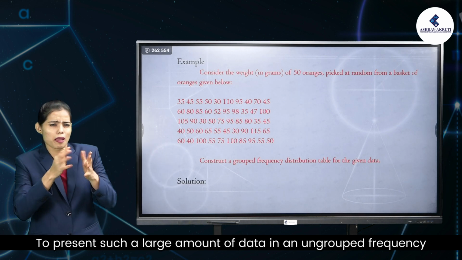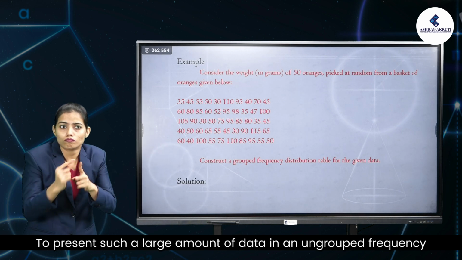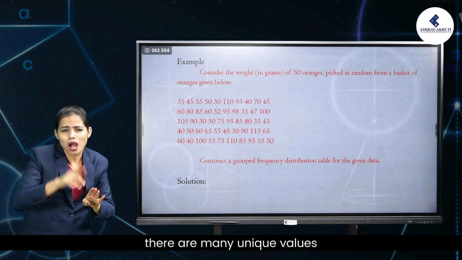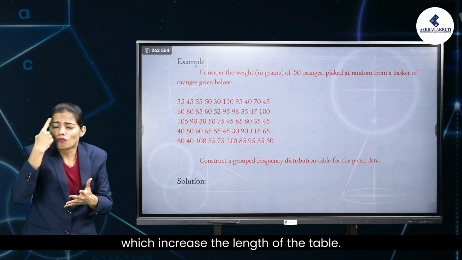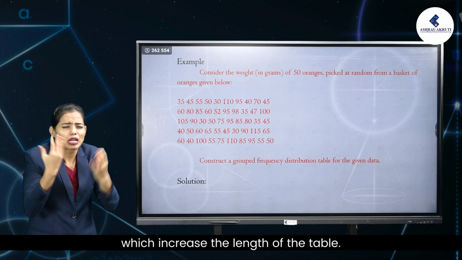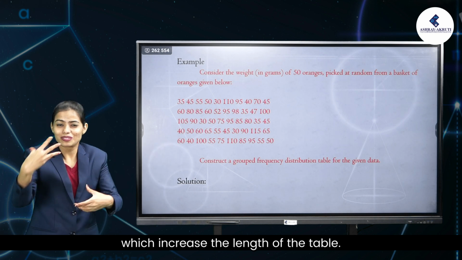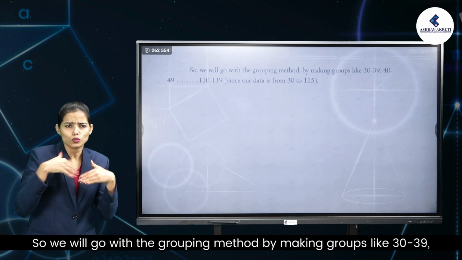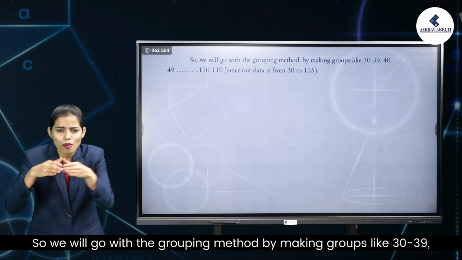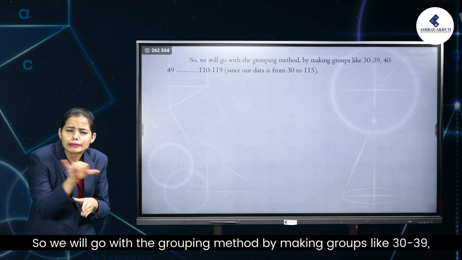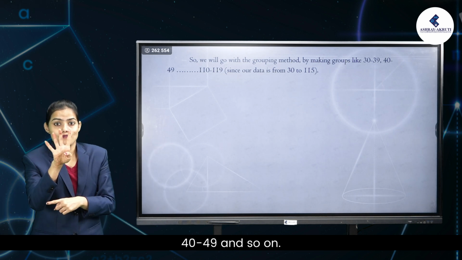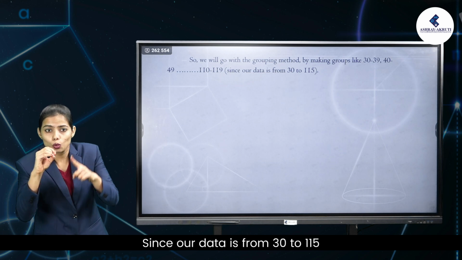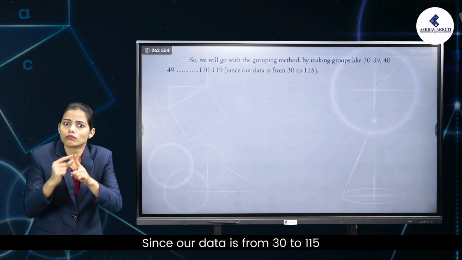To present such a large amount of data in an ungrouped frequency distribution table will be cumbersome because there are many unique values which increase the length of the table. So, we will go with the grouping method by making groups like 30 to 39, 40 to 49 and so on up to 110 to 119, since our data is from 30 to 115.